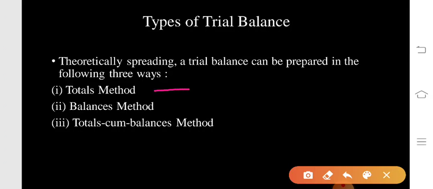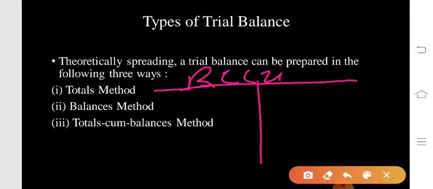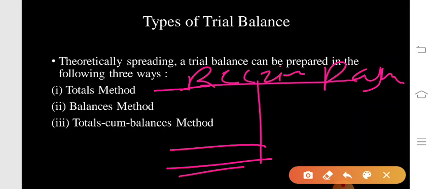Now this total method. For example, if I talk about your cash account, all the receipts were recorded on debit side as debit, what comes in, and all the payments were recorded on credit side. So we can see that while making ledgers, what we had done was we have written the highest total on both the sides.